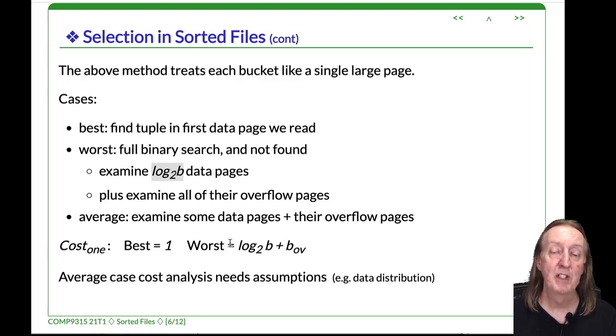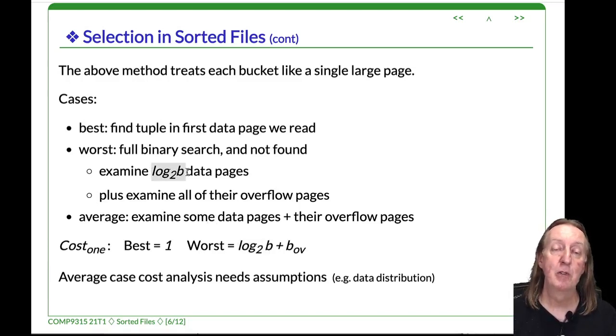So the worst case scenario is that we look at log2b pages in the data file, plus we look at their associated overflow pages. And in this case, the real worst case scenario is that all of the overflow pages are associated with the pages that we happen to look at.